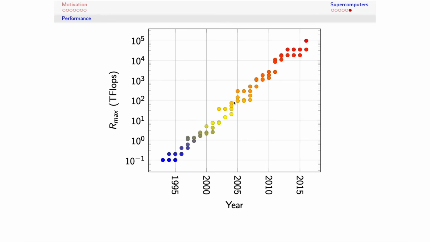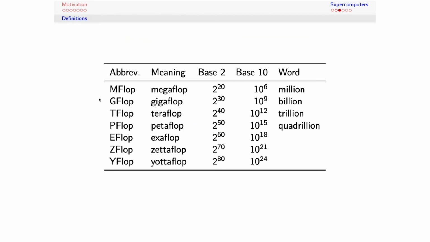As of 2016 or so, the fastest supercomputer on the list was calculating in the 10 to the 5th teraflops range. If I go back to this little table, we can see that a teraflop is 10 to the 12th floating point operations per second. So at 10 to the 5th teraflops, that's the same thing as 10 to the 17th flops, which would be in the hundreds of petaflops range. So 10 to the 17th floating point operations in 1 second.